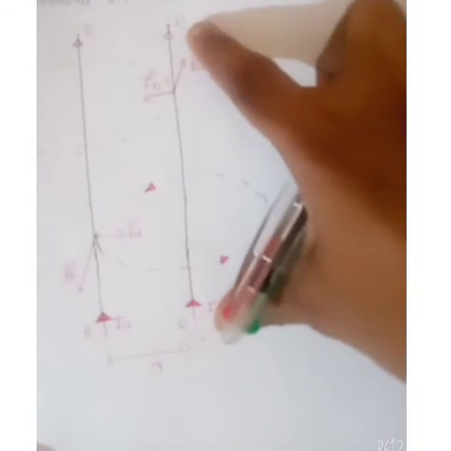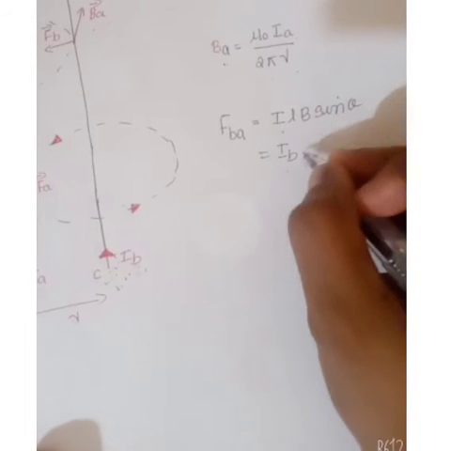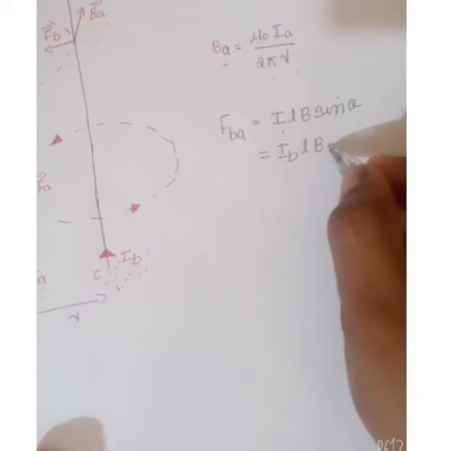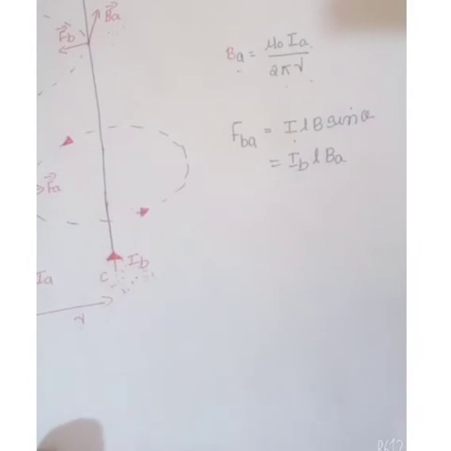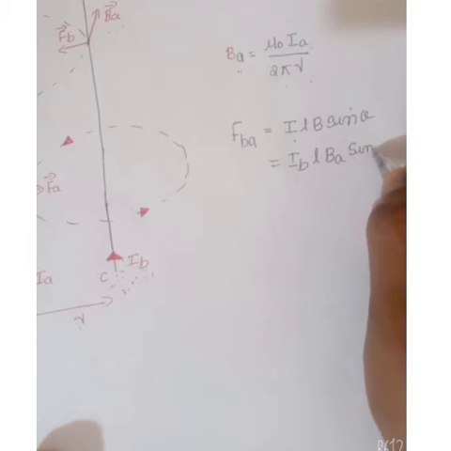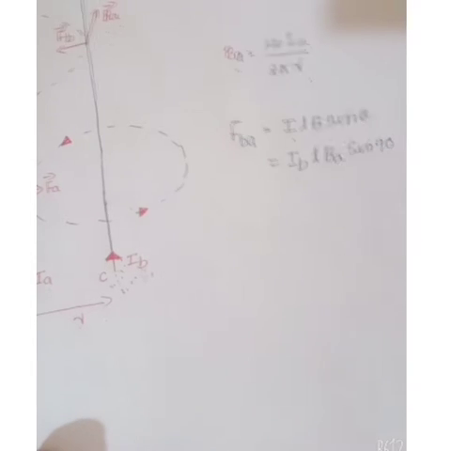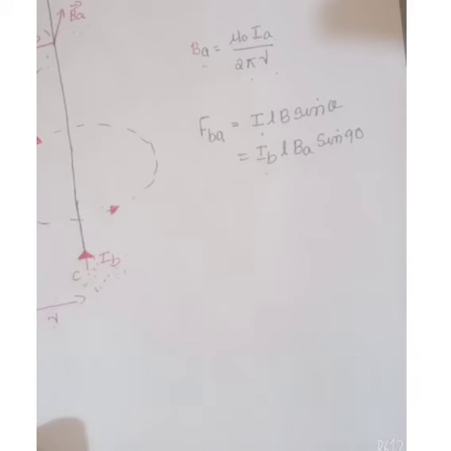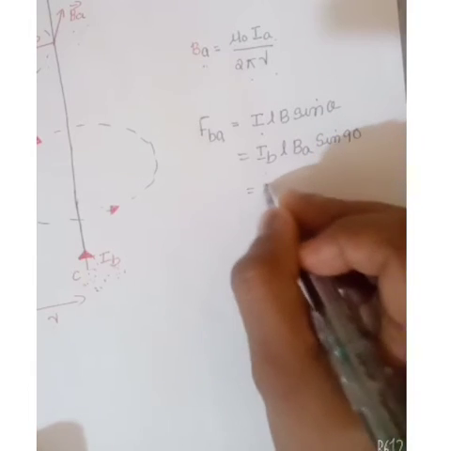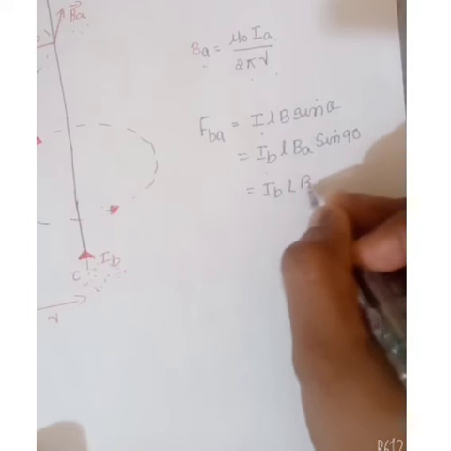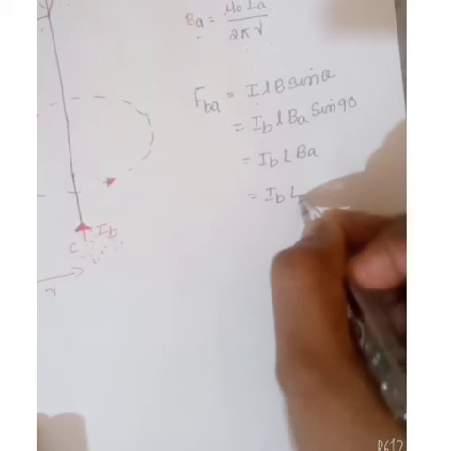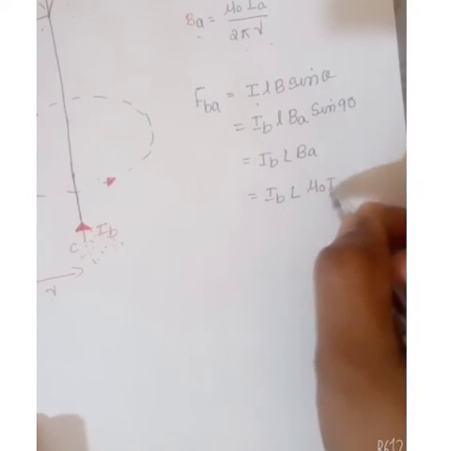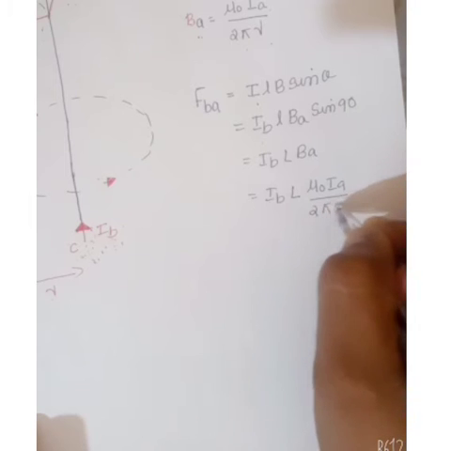L is the length of the conductor. B is BA, because of the presence of BA and IB the force is developed. Sin theta means sin 90 degrees, which is 1. So FBA is equal to IB L times BA, where BA is mu 0 IA divided by 2 pi r.